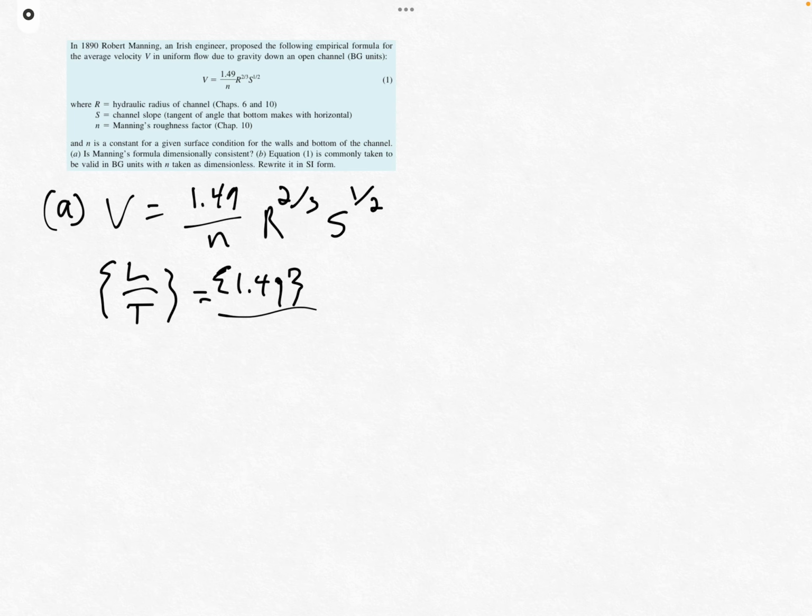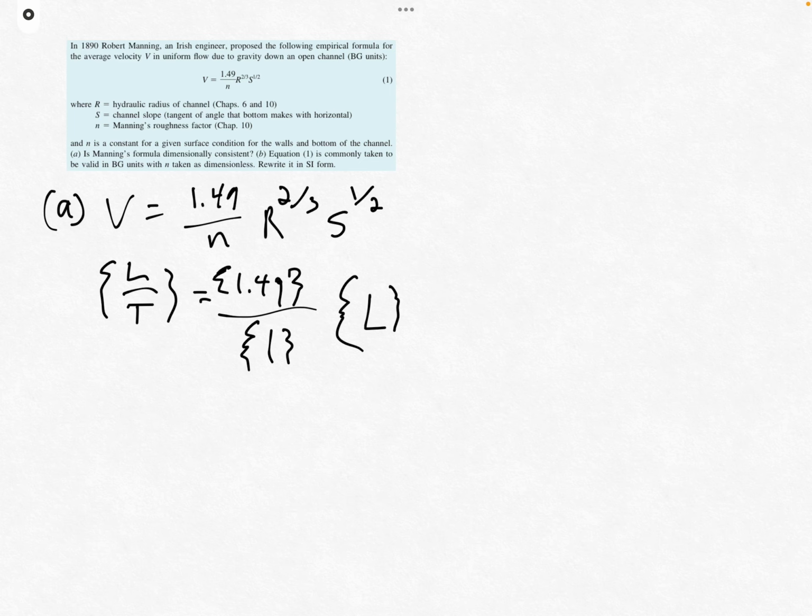In this case, this problem is referring us to chapter 10. If we go to chapter 10, we see that Manning's roughness factor typically has no dimensions attached to it. So that n, we're going to say, is dimensionless. R to the 2/3. So R is the hydraulic radius of the channel. That, as the name hydraulic radius implies, is dimensions of length.